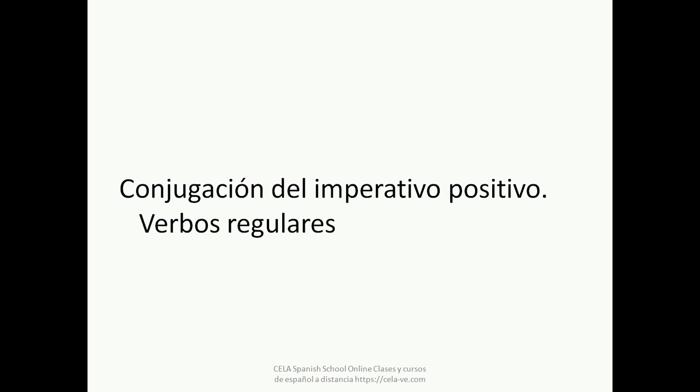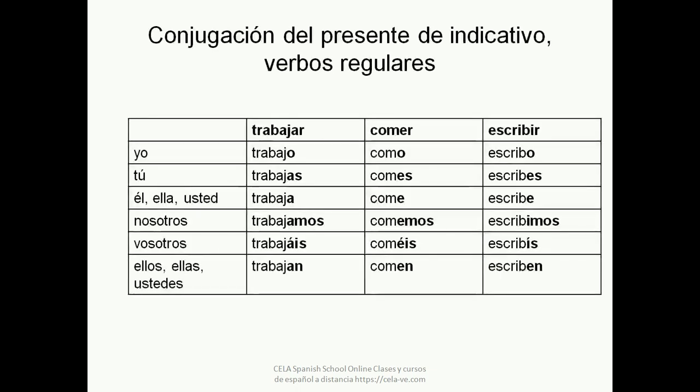Let's remember how regular verbs conjugate in the present. And we will compare the conjugation with the conjugation in the imperative. When speaking of vowels and endings, I will use the Spanish pronunciation and not the pronunciation of English.